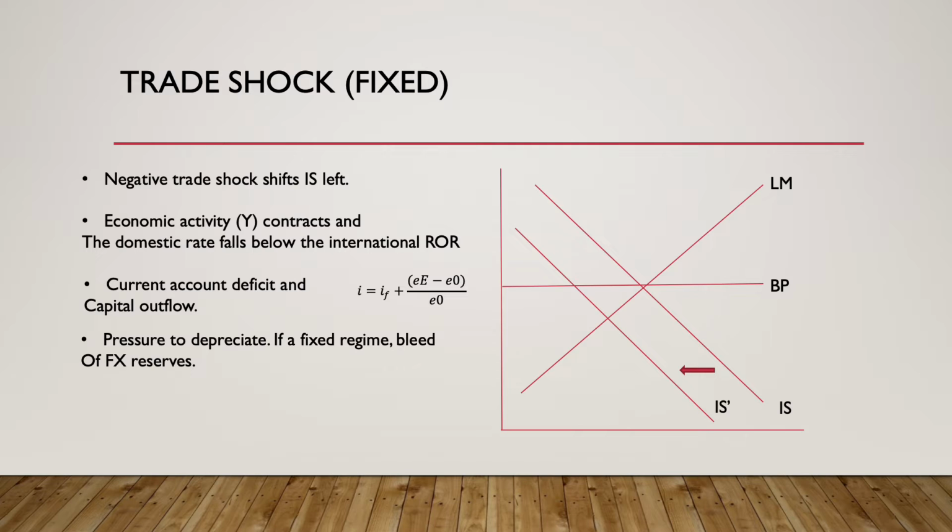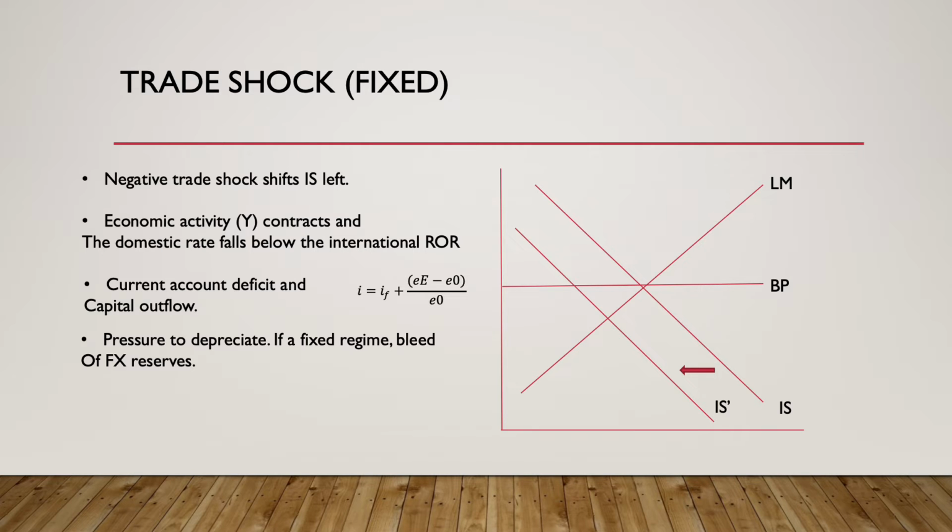They'll defend that currency by buying up domestic currency and selling foreign exchange. As a consequence, there will be a bleed on the foreign exchange reserves of the central bank. If the foreign exchange reserves of the central bank are plentiful enough to weather this storm, then the central bank will continue to be able to defend the exchange rate. If they are unable to have sufficient reserves to defend the exchange rate, then we'll move into a currency crisis.